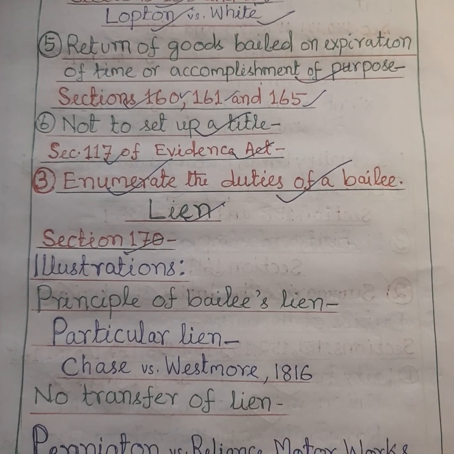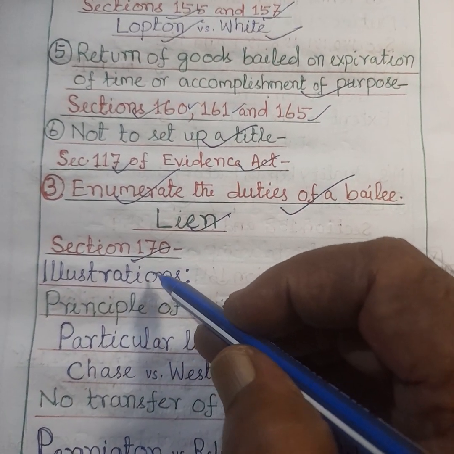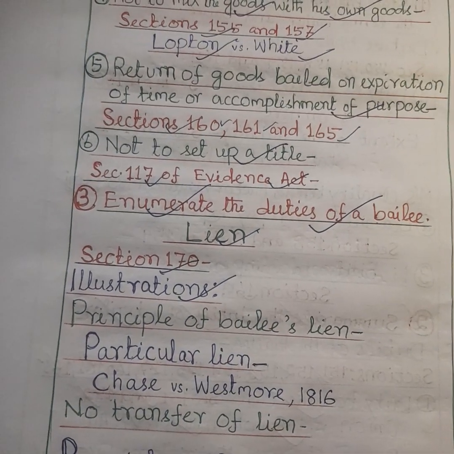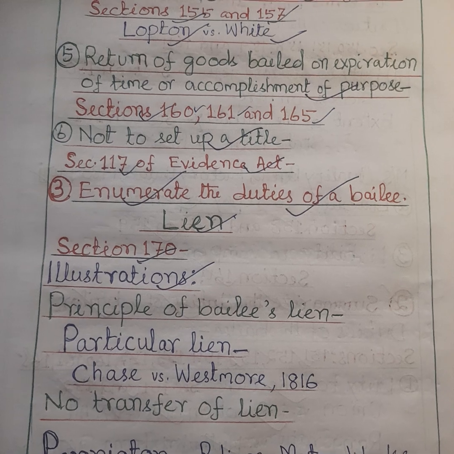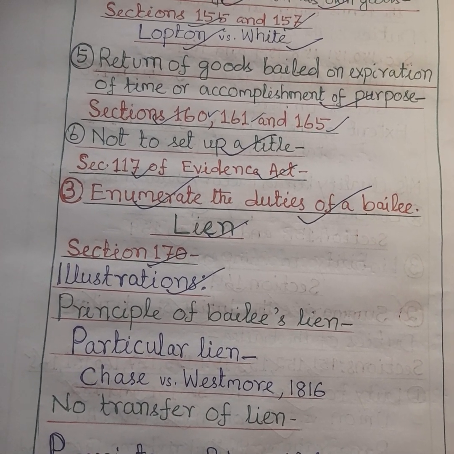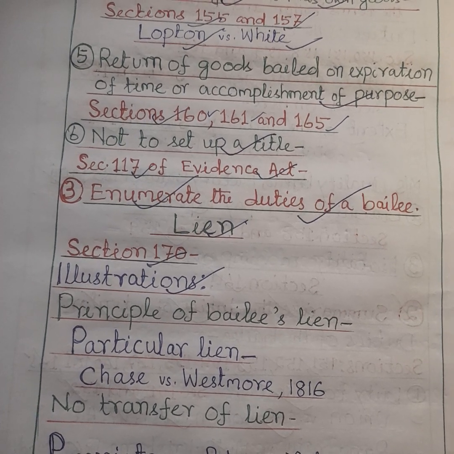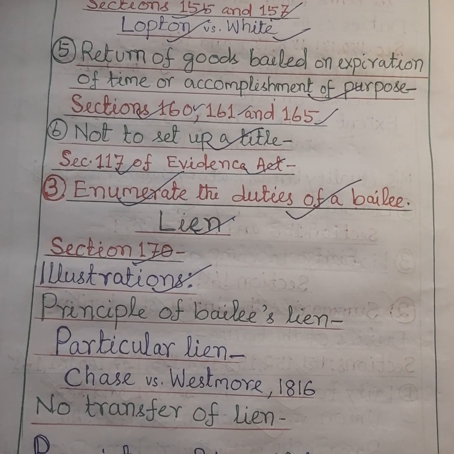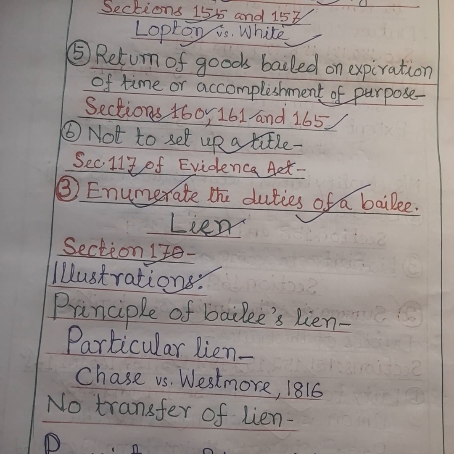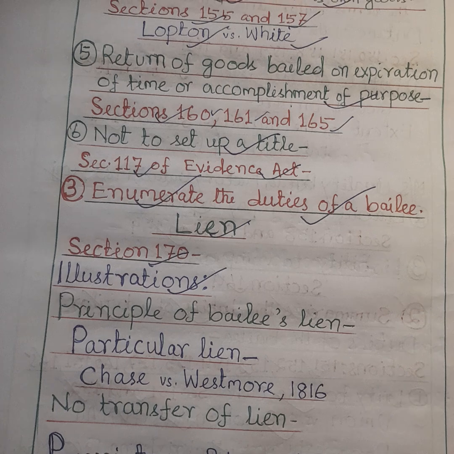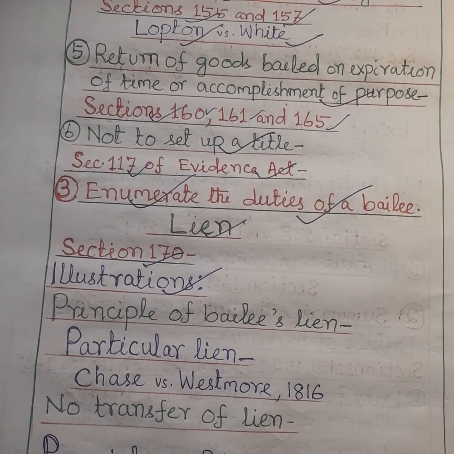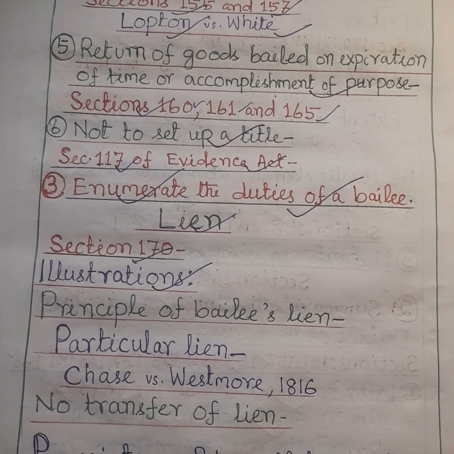And in relation to section 170, we'll discuss certain illustrations. The first illustration is that A delivers a rough diamond to B, a jeweler, to be cut and polished, which is accordingly done. B is entitled to retain the stone till he is paid for the services he has rendered.